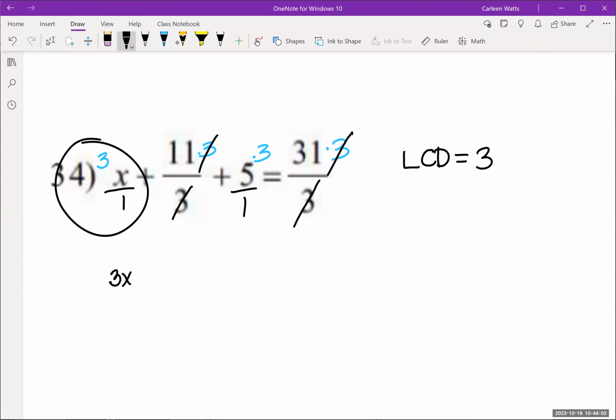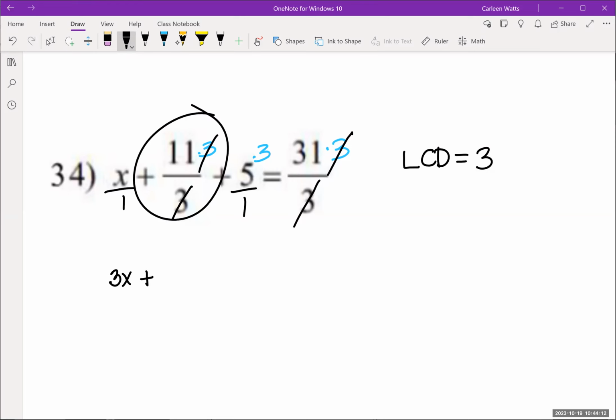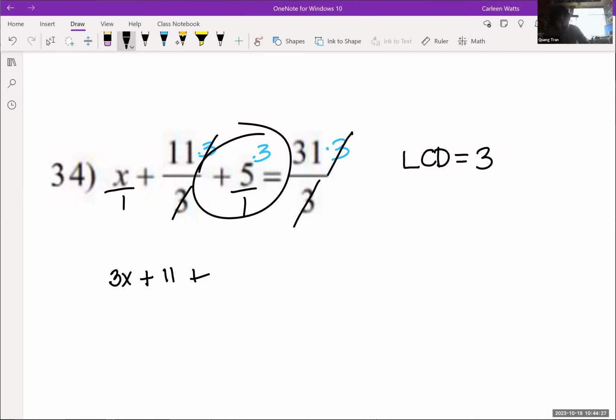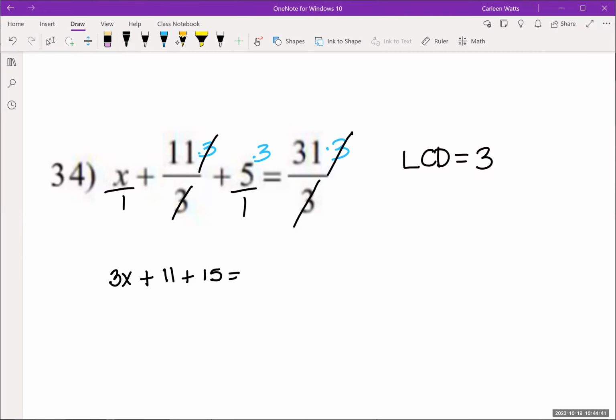3x plus what? 11 times 3. Times 3, plus times 3. Yeah. So what do we get? There we go. 15 is equal to 31.